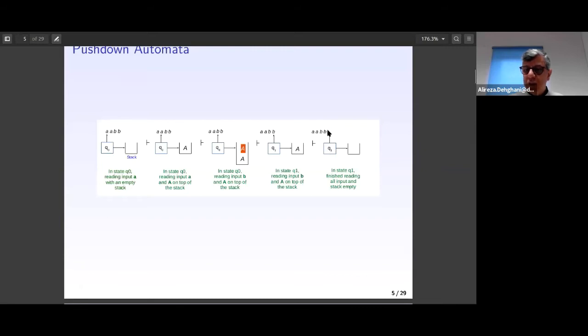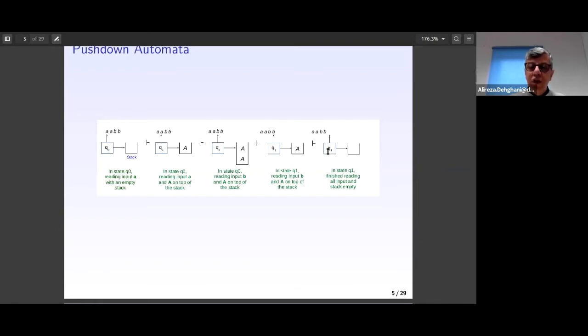So what has happened here? We have finished the string. We are in the final state, presumably, and the stack is empty. So that's another difference of the pushdown automata with the finite automata. The finite automata will accept the string if you get to the end of the string and you are in the final state.